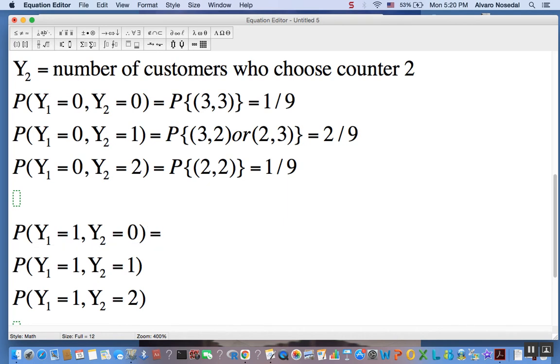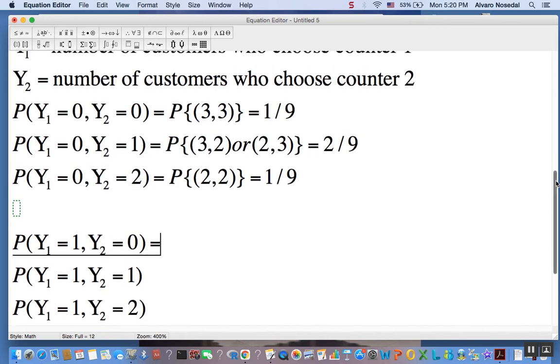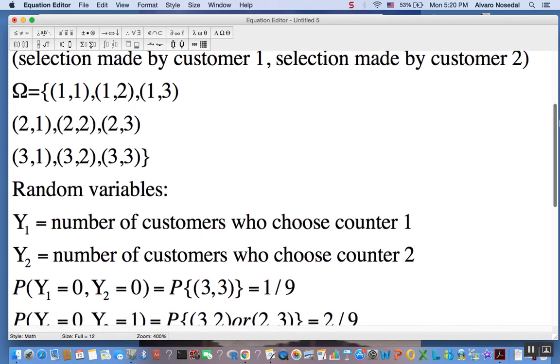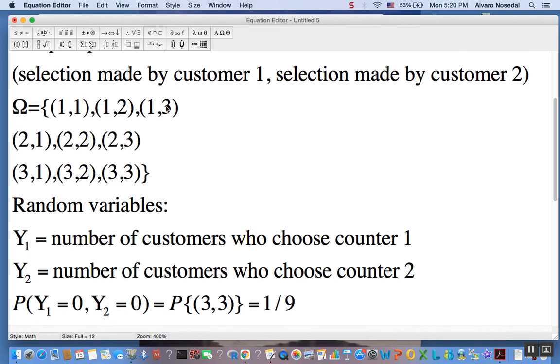So let's quickly finish the other ones. So y1 equals 1, y2 equals 0, right? That would be 1, 3 or 3, 1. You guys agree? So that's 2 over 9.